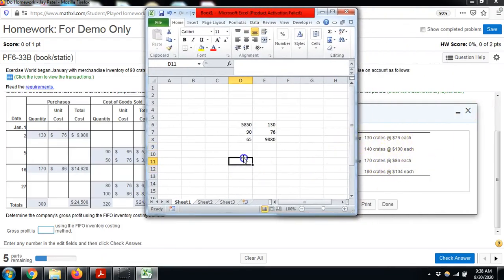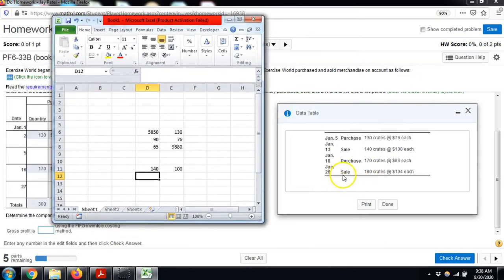So we sold 140 units at $100 each. And we sold this sales transaction here, 180 at $104 each. So this is the revenue for each of these transactions.